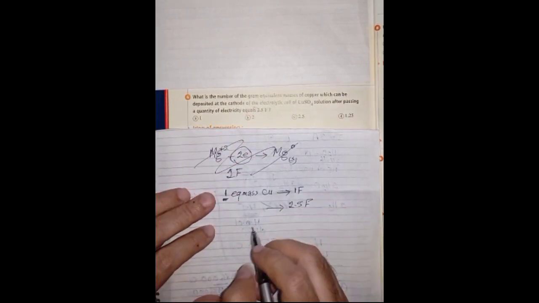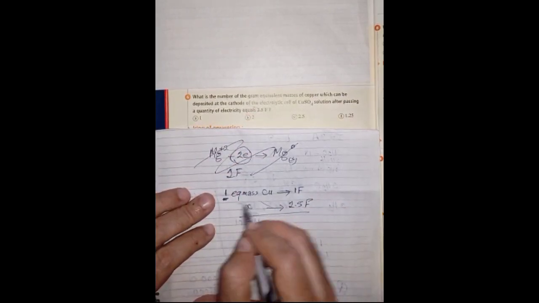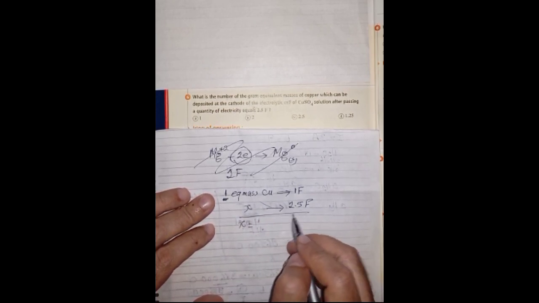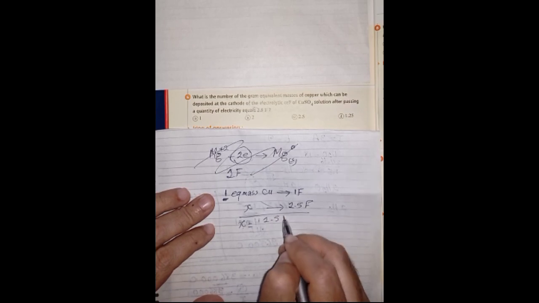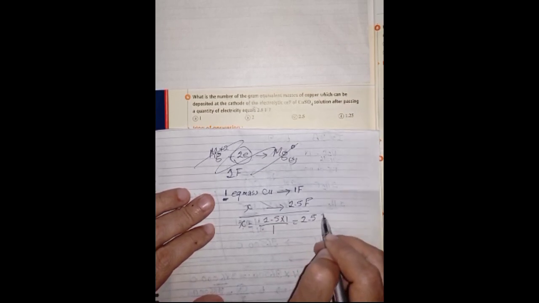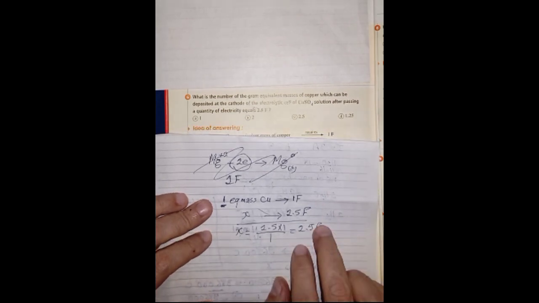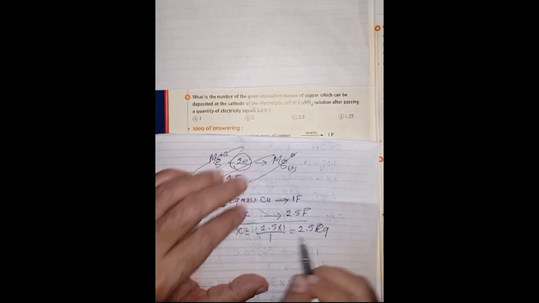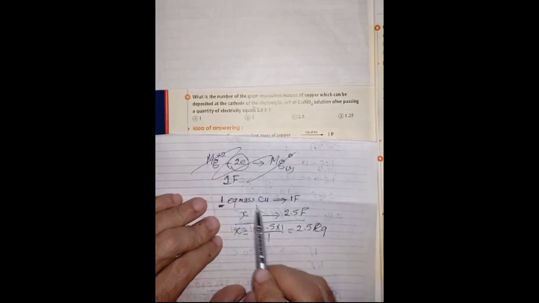Cross multiplication. So the number of equivalent masses X equals 2.5 multiplied by 1 over 1. It is 2.5 Faraday, now the equivalent, it is 2.5 equivalent mass. One equivalent mass requires 1 Faraday.